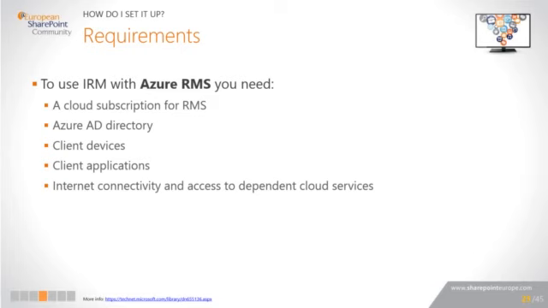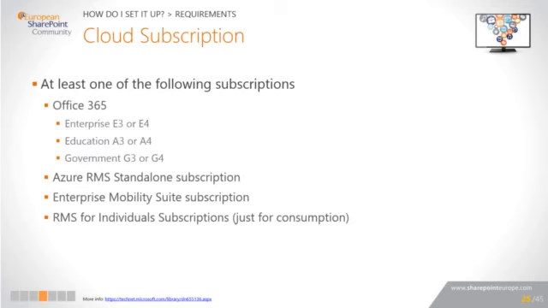So the requirements to use Azure RMS with SharePoint, either online or on-premises: you need to have a cloud subscription for RMS, an Azure AD directory, client devices and applications that support RMS, and of course internet connectivity to connect to Azure RMS. As for the cloud subscription that includes RMS, you need to have one of these.